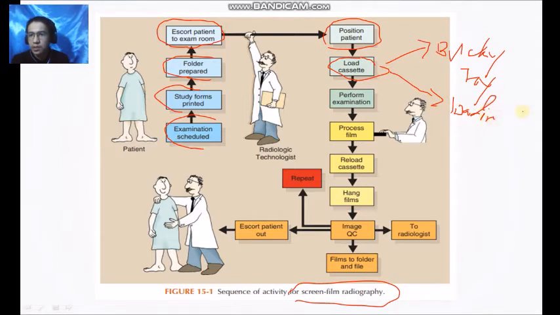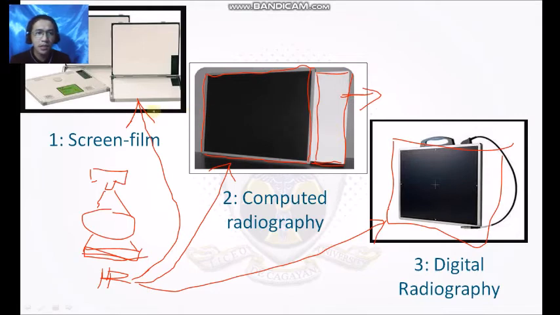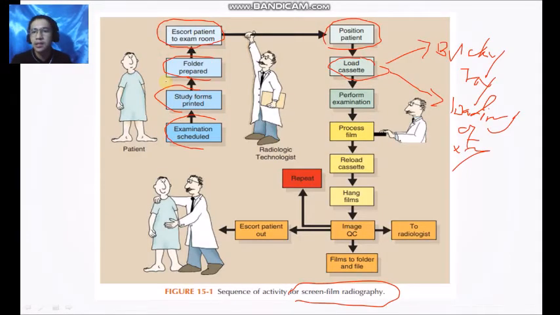Remember, this is our cassette, and it needs the X-ray film in order to be useful. Without the X-ray film, if we expose the cassette alone, we cannot form any images, or the images will not be recorded.